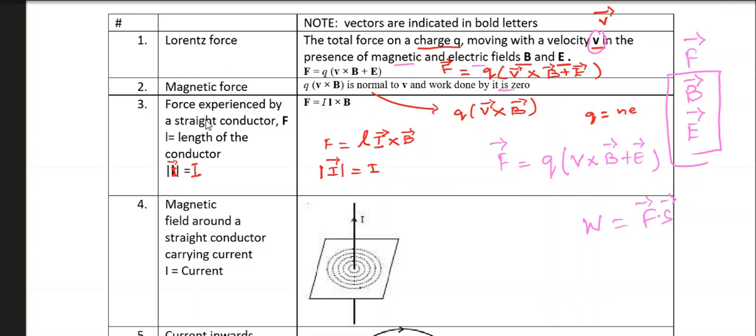Right. The force experienced by the straight conductor. Let me consider a straight conductor. Now F is the force. Force being a vector, you can mention F as force vector, whereas L is the length of the conductor, not a vector.